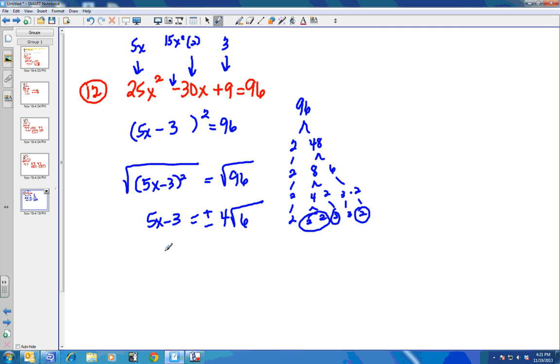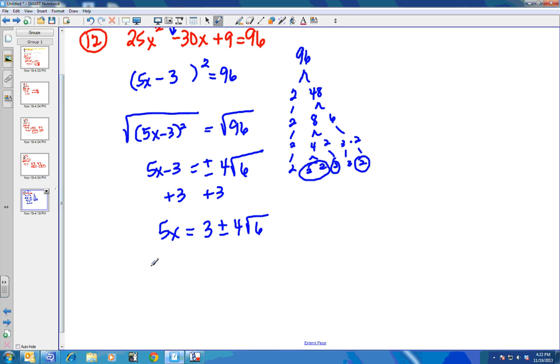So now, okay, I'm going to add 3 to both sides. Now, on this one, I have 5x equals. I cannot add this 3 to this 4, because this 4 is with this square root of 6. So here's how I write it. 3 plus or minus 4 times the square root of 6. I need to solve for x, so I need to divide 5 on both sides.